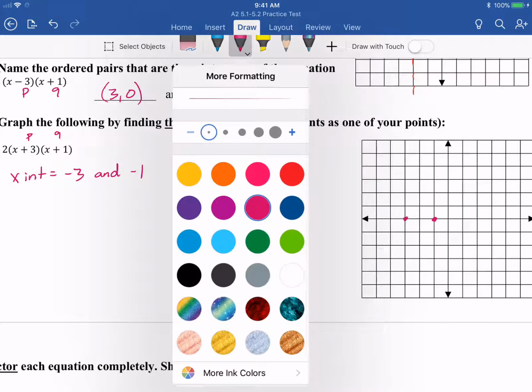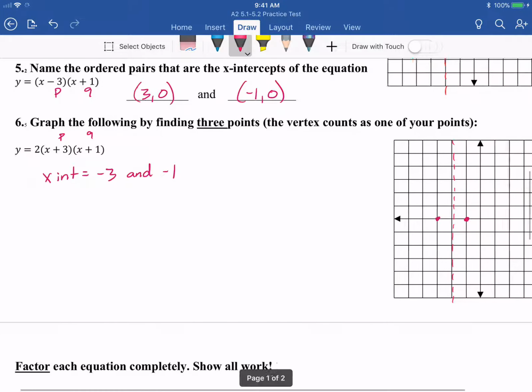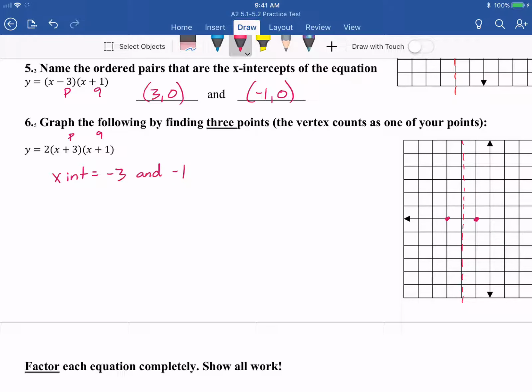And now I have to find out, hey, if that's where that line hits the x-intercepts, there's this vertical line that's directly in between those two, which my vertex lies on. So I look at this and say, hey, that value is over 1, 2. So I have -2 for my x vertex. So my vertex is going to be -2 something, but I have to find out what that is.